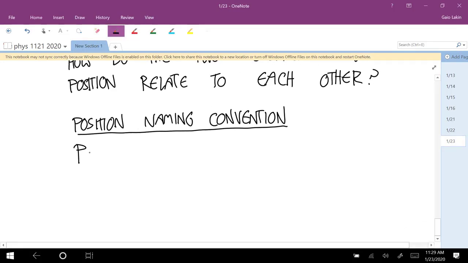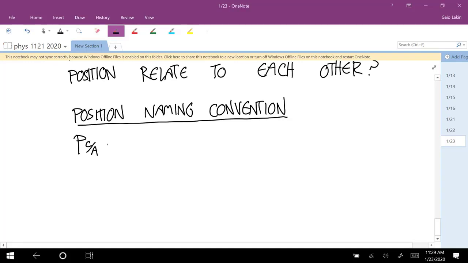So position C, fraction bar A, so that's all a subscript, C over A. I'm going to call that the position of C relative to A.